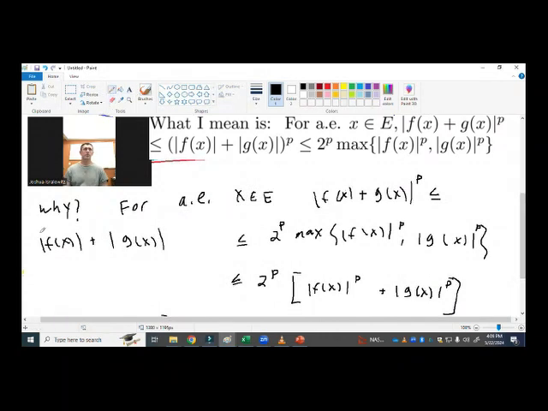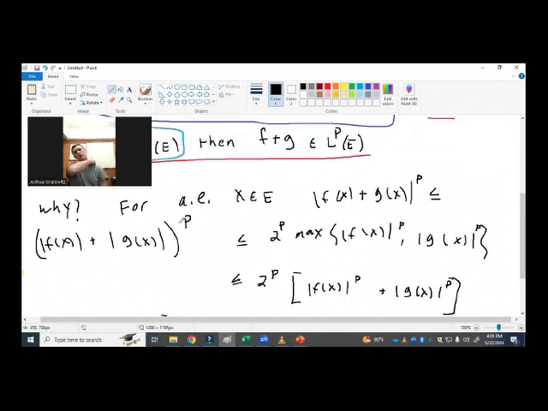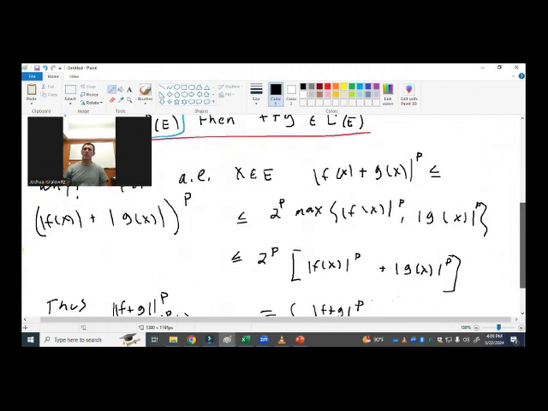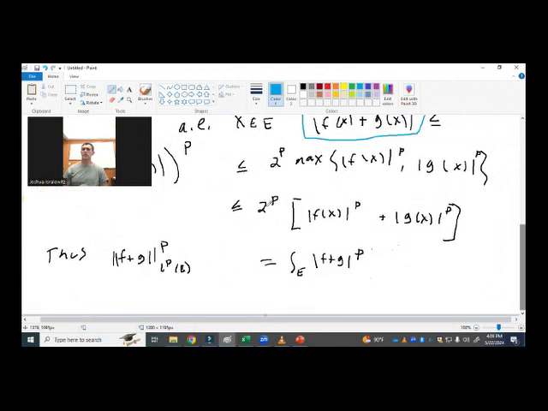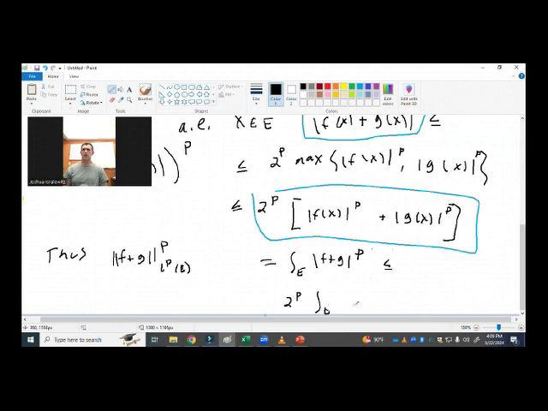Sorry, this should be to the p. That's fine. This is true for almost every x that we have: this is less than or equal to this.